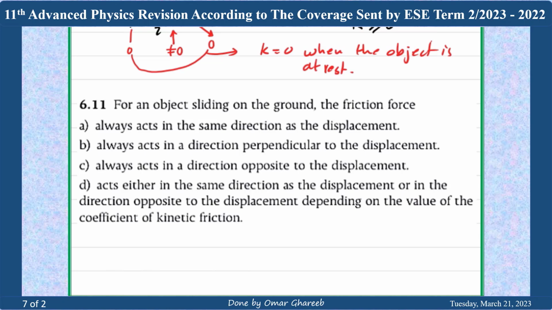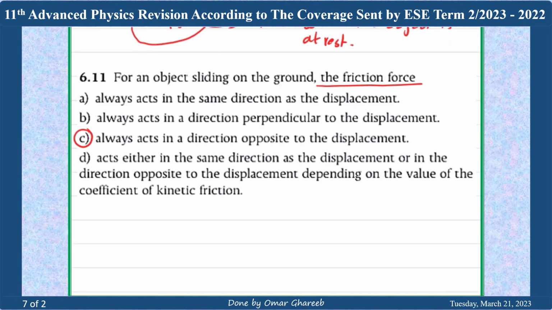For an object sliding on a ground, the friction force is always opposite to the direction of motion or the direction of displacement, because the friction is always opposite the motion. So the right answer is that it always acts in a direction opposite to the displacement, the motion, or the velocity. All are the same.